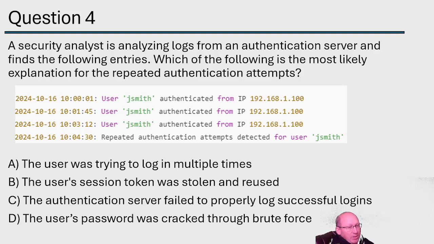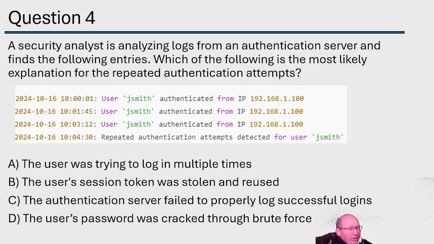D, the user's password was cracked through brute force. We're not seeing that, because if it was cracked through brute force, then we would see denied or not authenticated, or it wouldn't be allowed in. But in this case, we're seeing it's authenticated. So it's really got to be A or B.